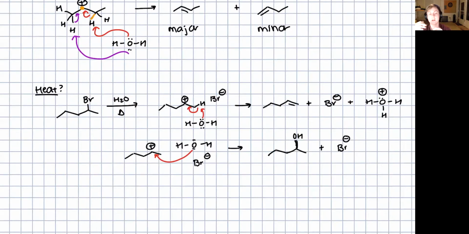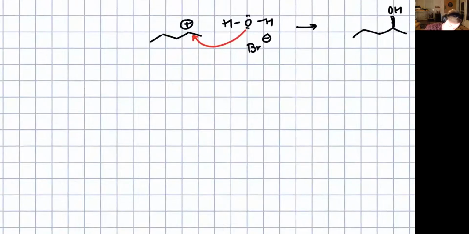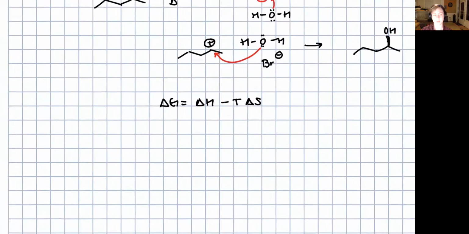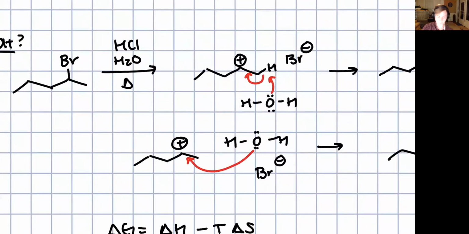If we have a substitution reaction, we'll end up with two products. And when we do the elimination, we end up with more products. Remember that entropy is the more chaotic nature of things, and that favors entropy. If we have the Gibbs free energy equation, normally we don't really consider entropy, but with the elimination or dehydration reactions, I probably should do HCl as well.